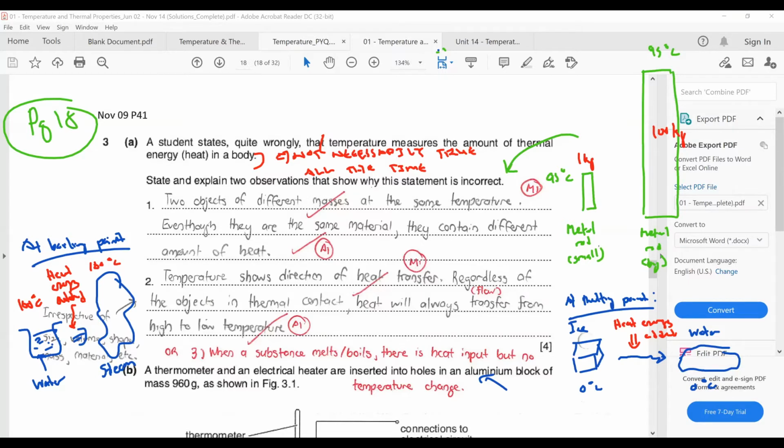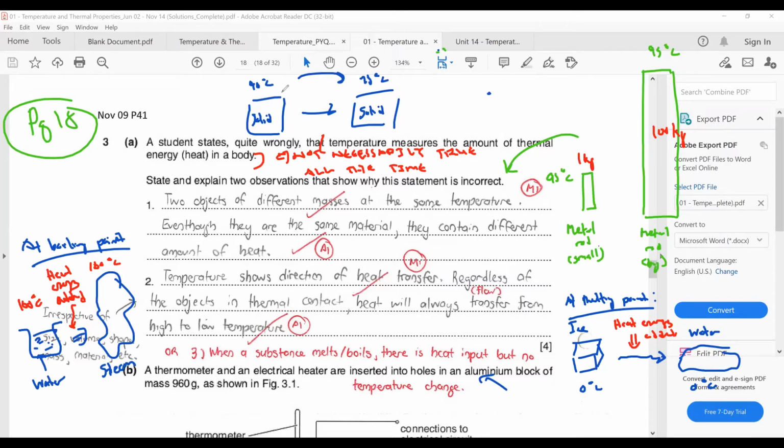Like for example, boiling point and melting point. If say for example, I'm not at boiling point, I'm not at melting point, maybe I just have a solid here at 40 degrees centigrade. Then after that, it becomes a solid at say 75 degrees centigrade. In your case here, I see that the temperature changes. I can say that there definitely must be heat energy added.